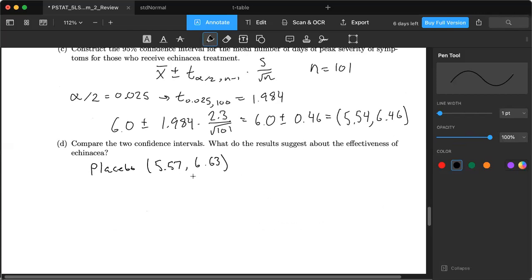So that's what we estimate our true proportion of peak severity days for people who don't take echinacea, what they experience. And for the treatment group, we have 5.54 to 6.46. These intervals are not very different.